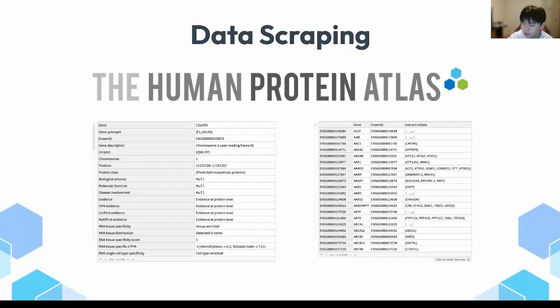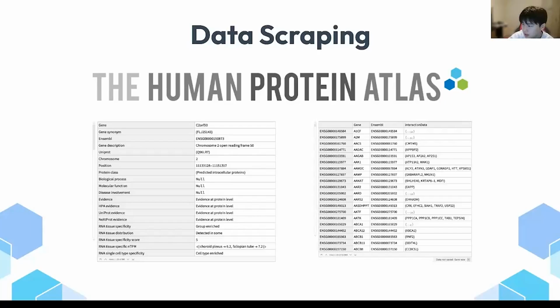As for the actual protein-protein interactions, we also scraped that from the Human Protein Atlas, and these were created as lists. On the right side, we have a screenshot of some of the interaction data. Essentially, you can see that, as stated earlier, one protein may have multiple protein-protein interactions.